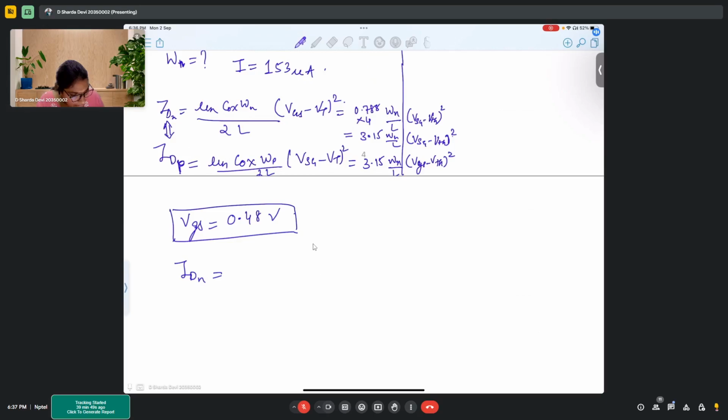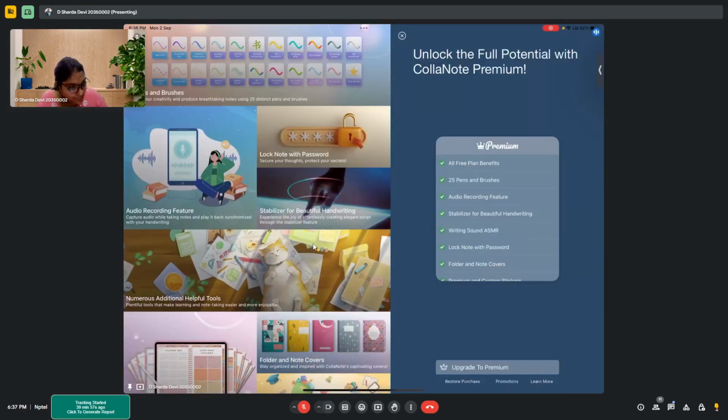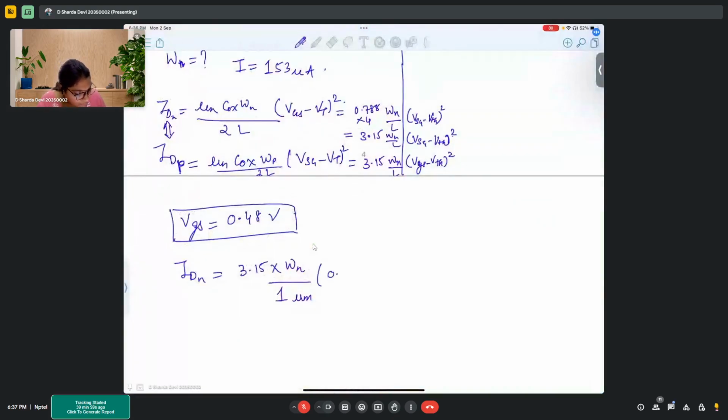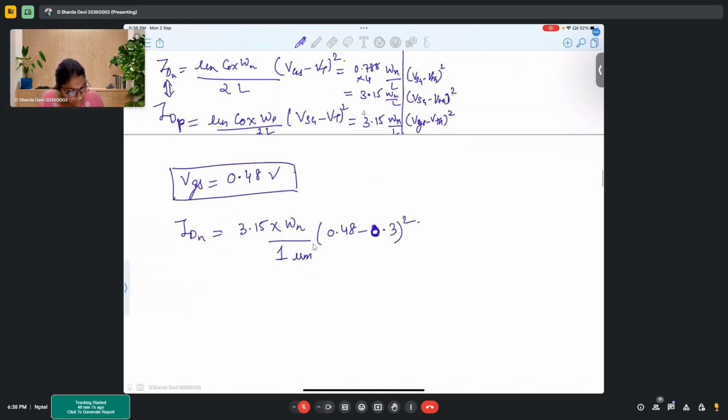ID is 3.15 into Wn by L, L is already given to be 1 micrometer, into (0.48 minus 0.3) square. So from here, and ID is known to be 153 microamperes.